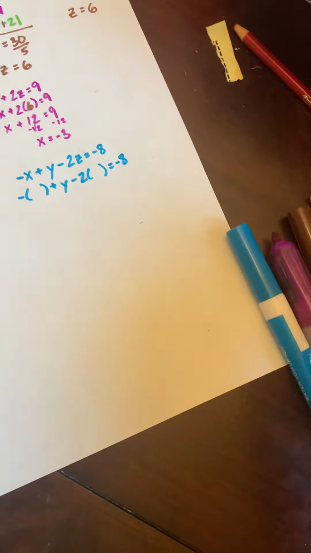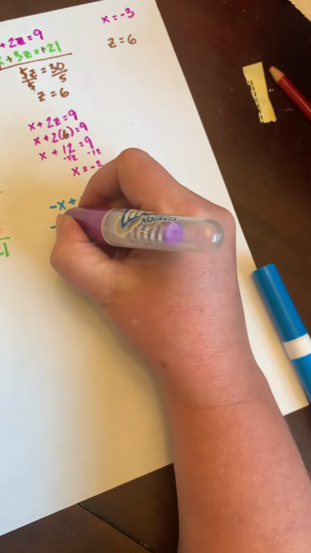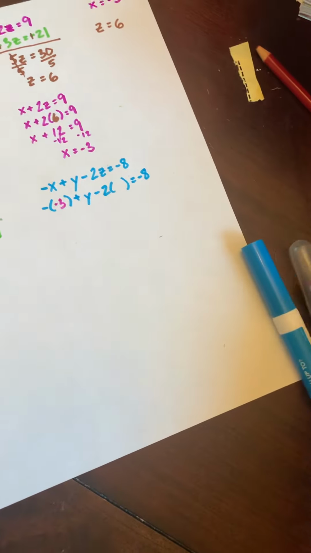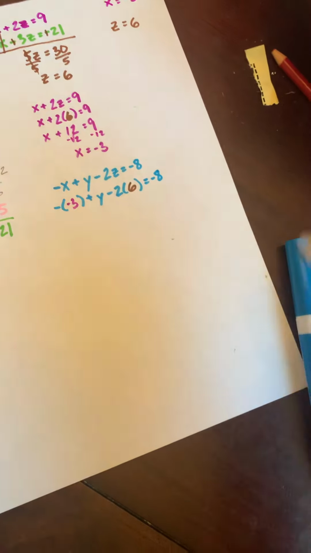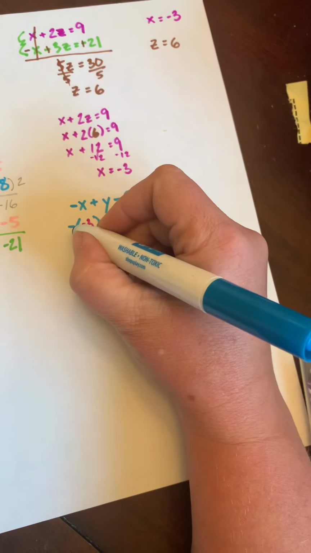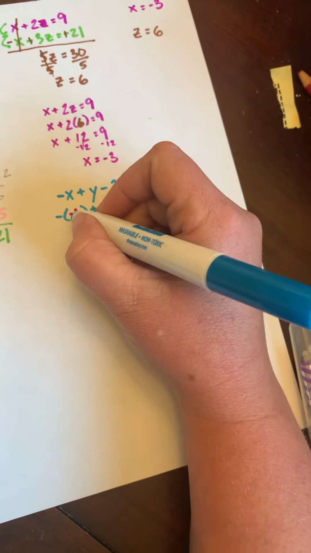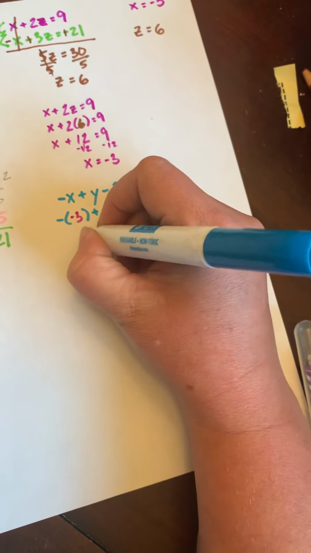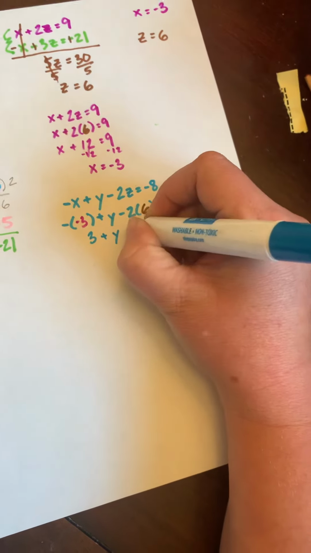X is negative 3 and z is 6. And simplify and solve for y. The opposite of negative 3 is positive 3 plus y.